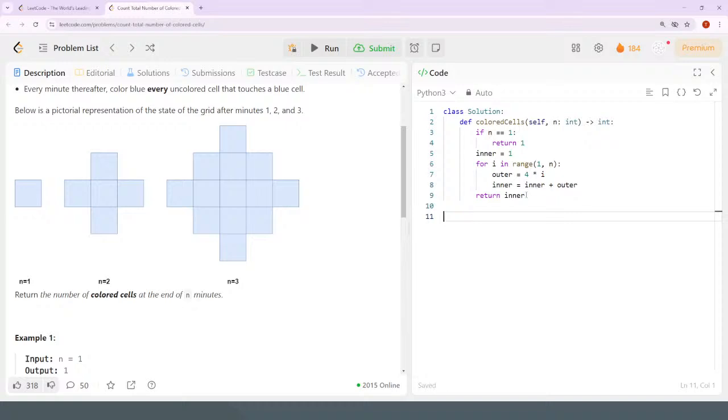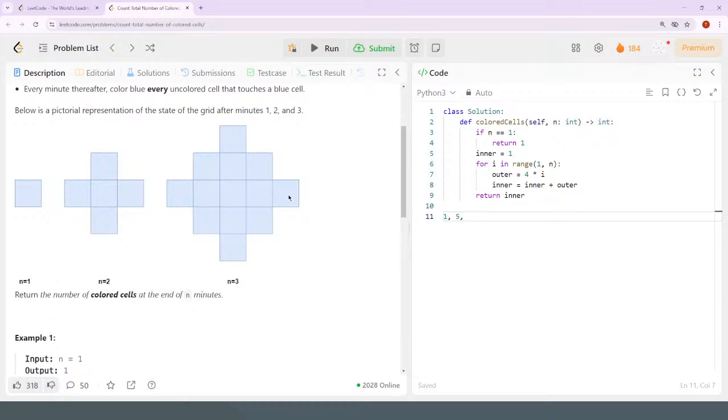Direct formula. So let's see the pattern here. Starts with 1, then 5, then 13. So the next one here is 5. The outer one is 3 times 4. No. 2 times 3.